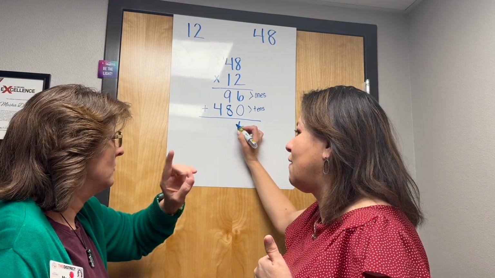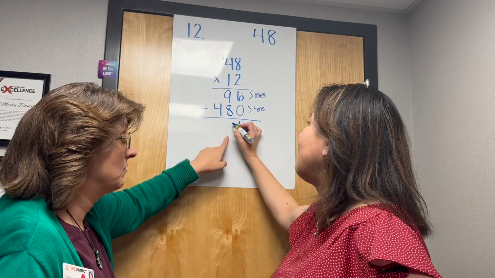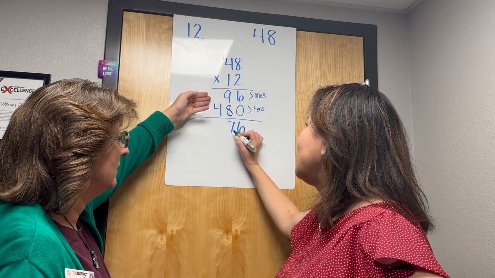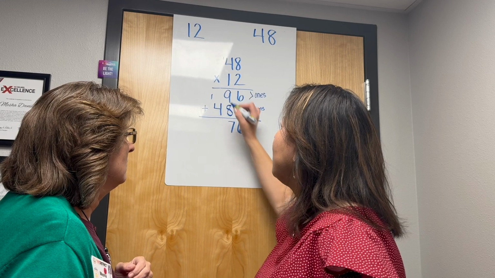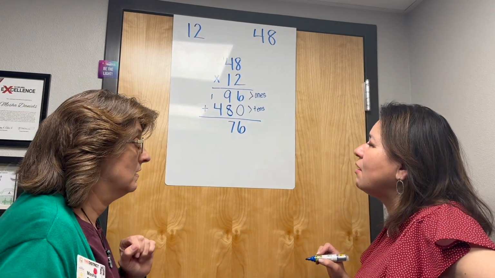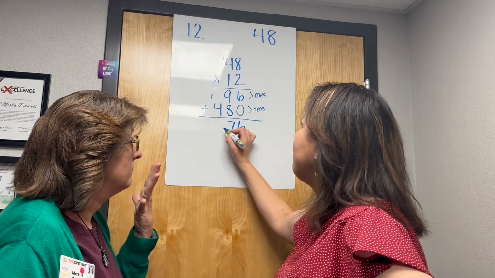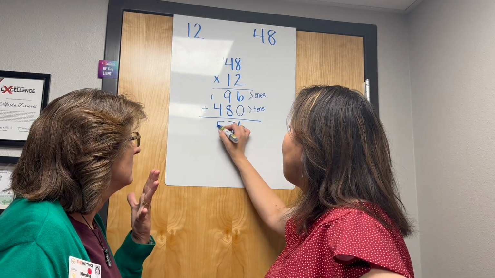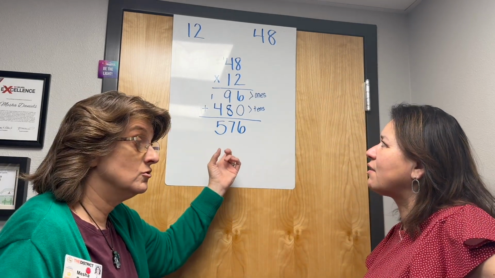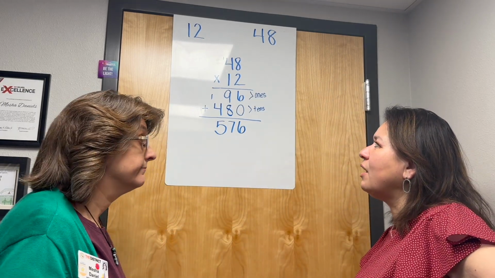We have to just put the one that's in the ones place here, remember? Because it's higher than 10, so the 1 has to go up over here. 4 plus 1, 5. And there's your answer.